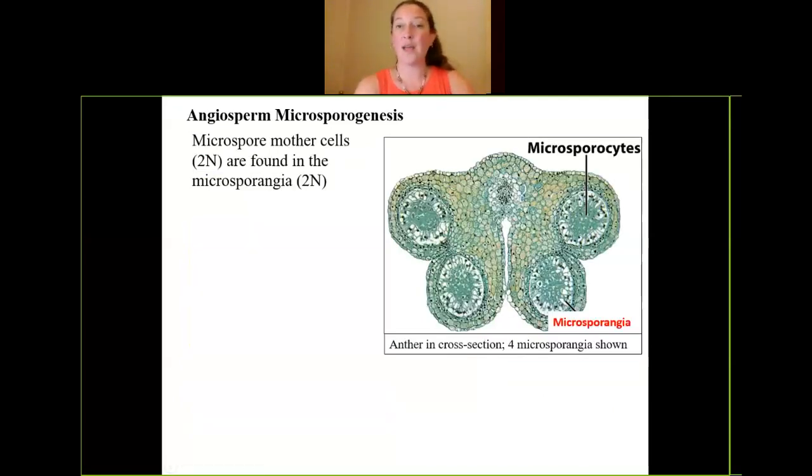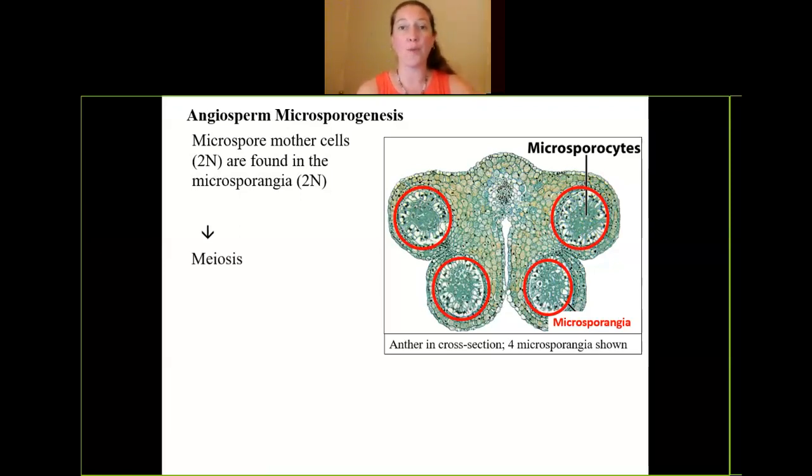Okay, so how do we get from those to pollen grain? So here's another cross section through an anther. It's the same type that we saw before in that there's 4 microsporangia. Inside of each of those microsporangia are going to be the 2N microspore mother cells.